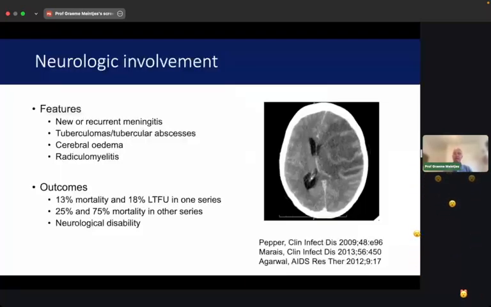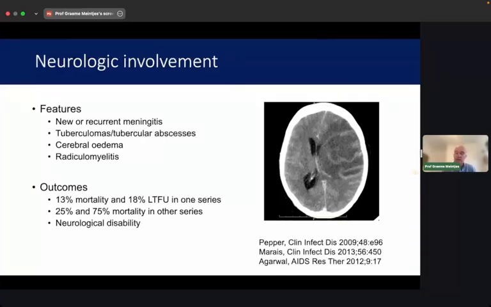Now, the most life-threatening form of TB IRIS is when the central nervous system is involved, and this can take various forms. The features include new or recurrent TB meningitis. Patients who've been diagnosed with TB meningitis and started on TB treatment are getting better, and they can come in with a recurrent episode of meningitis due to this inflammation in the meninges.